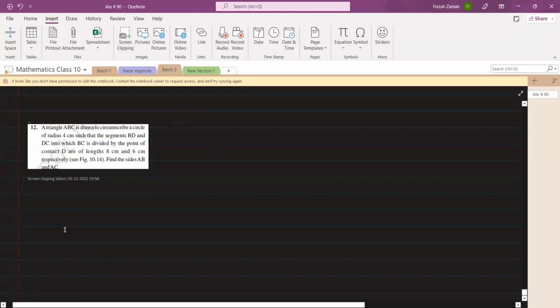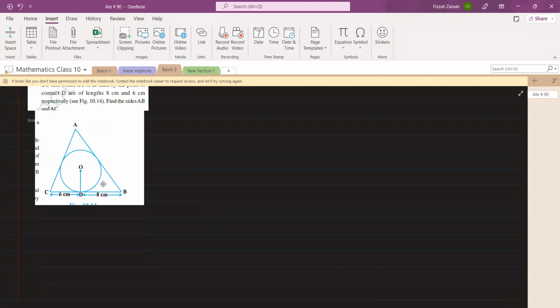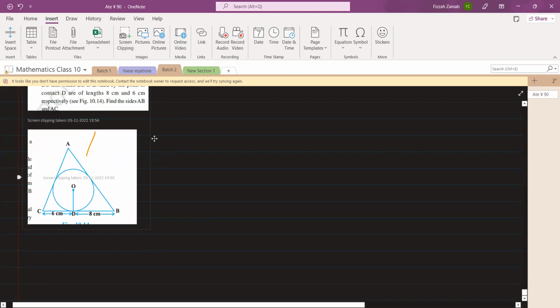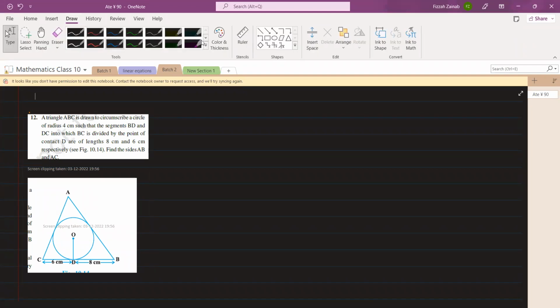Okay, so there's a figure also here. A triangle ABC is drawn to circumscribe a circle of radius 4 centimeter.